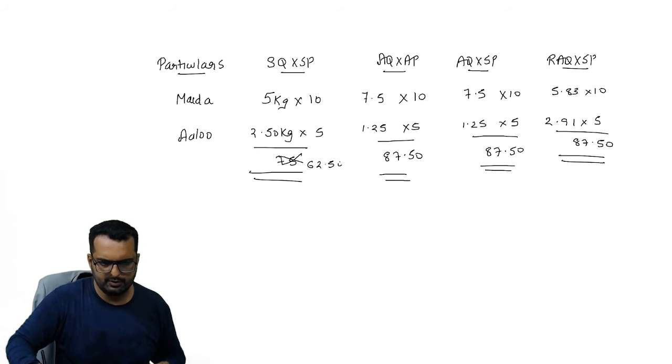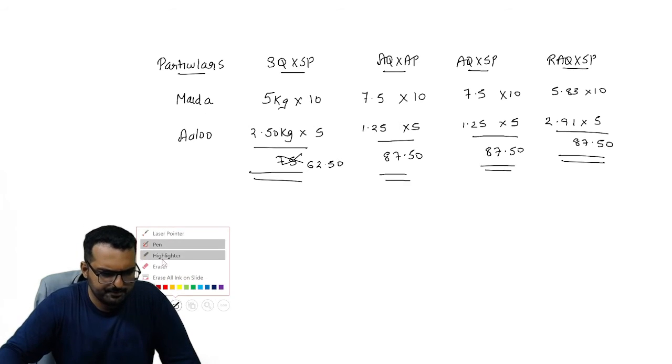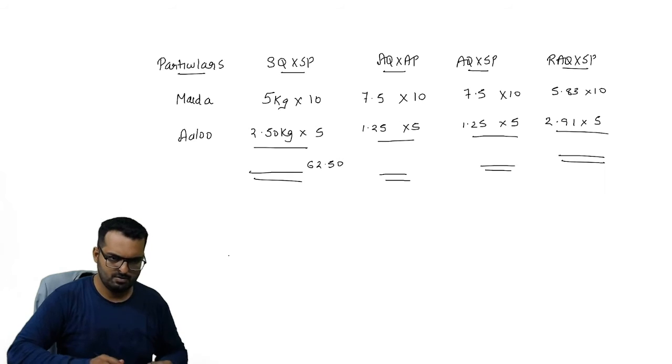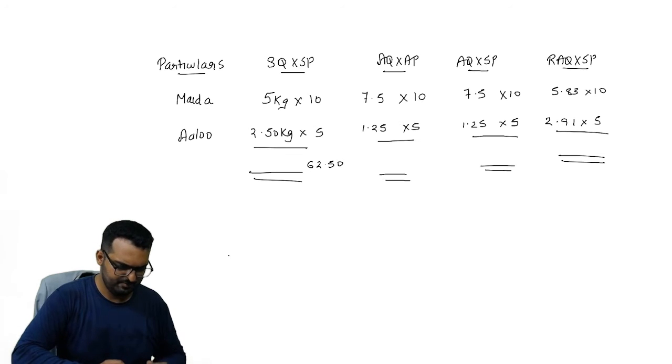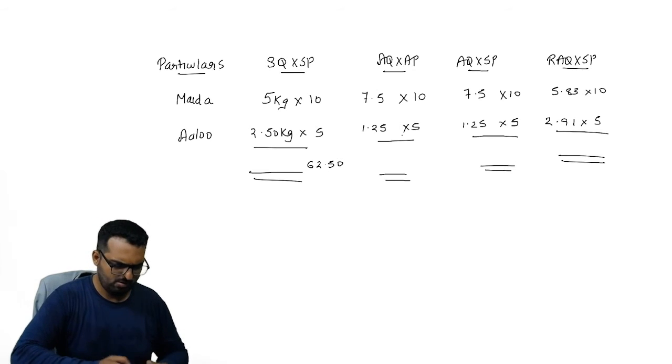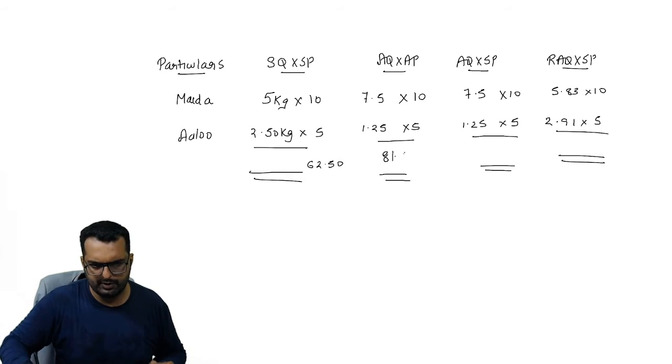12.5 plus this thing will give you 62.5. 6.25 plus 75 will give you 81.25.